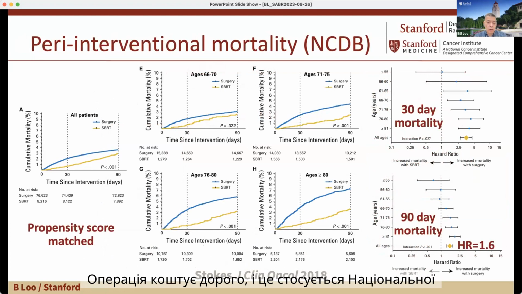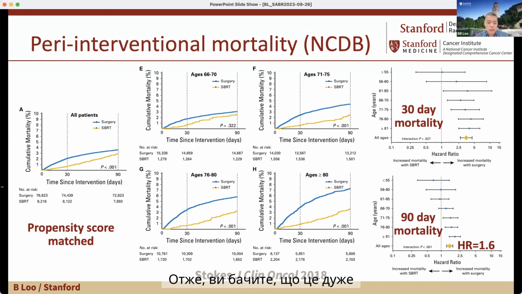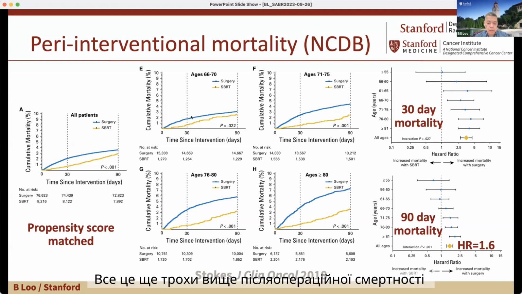But there's a cost to surgery, and this is looking at the National Cancer Database, comparing mortality between SABR and surgery, particularly in the first 90 days, so peri-intervention mortality. And you can see that what's shown here is a strong age dependence. It's very similar between SABR and surgery, although still a little bit higher perioperative mortality for surgery in age 66 to 70.